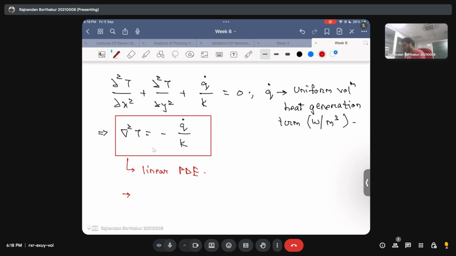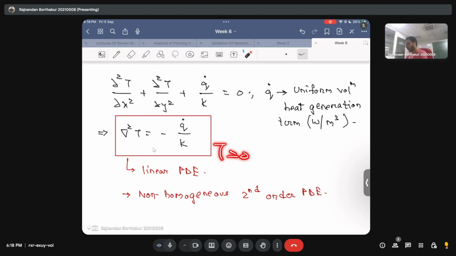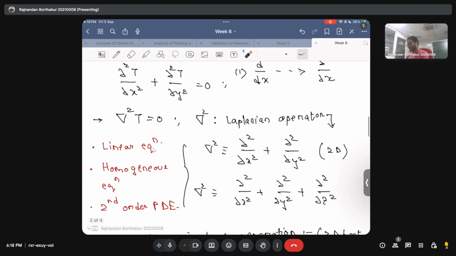So it's a non-homogeneous second order PDE. Again, the reason why it's non-homogeneous is that T equal to 0 is not a trivial solution here. Whereas in case of the Laplace equation, where there was no heat generation, we saw that T equal to 0 satisfies this equation.